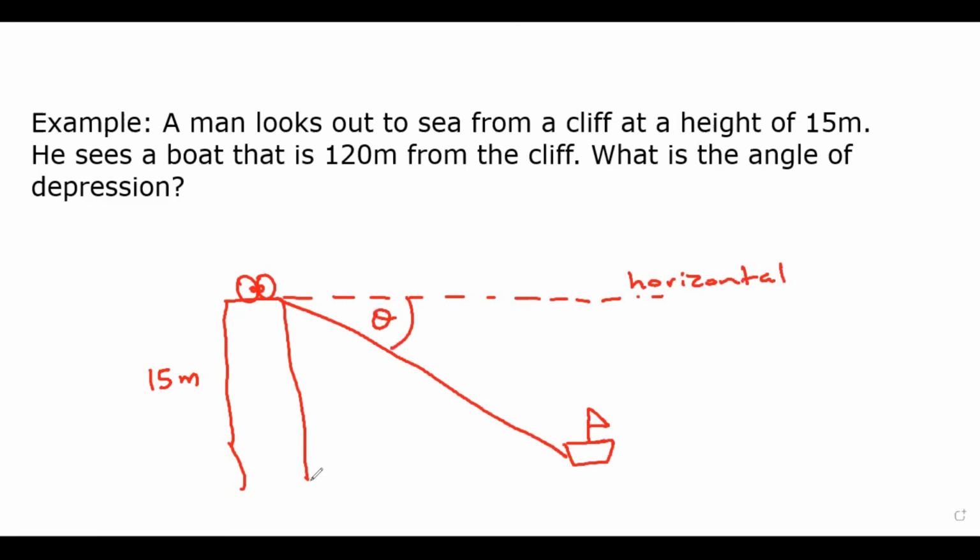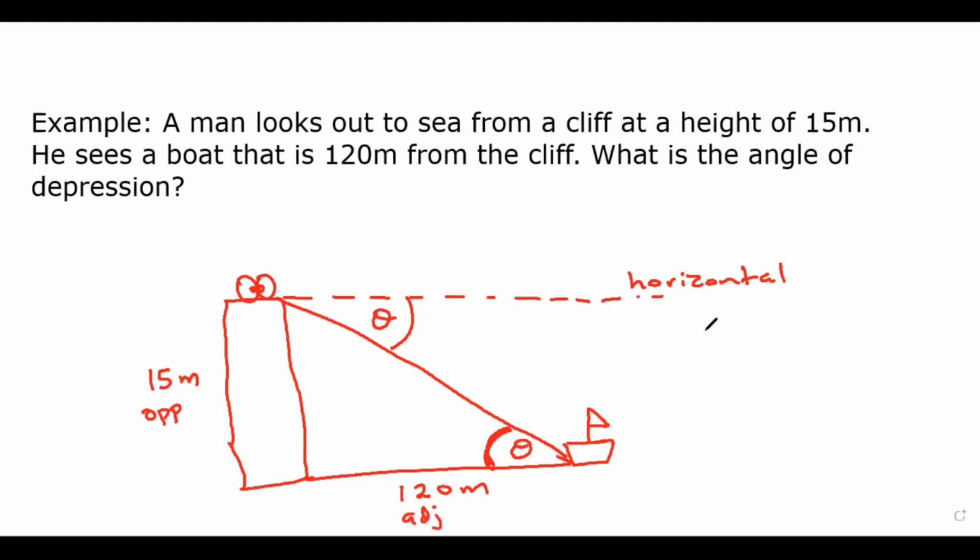But again, you could connect the base of the cliff from the boat, and you know that the angle here will be the same thing as the angle here. So the distance between the boat and the cliff is 120 meters. So you're basically finding the angle here. Based on this, this would be the opposite, and this would be the adjacent.